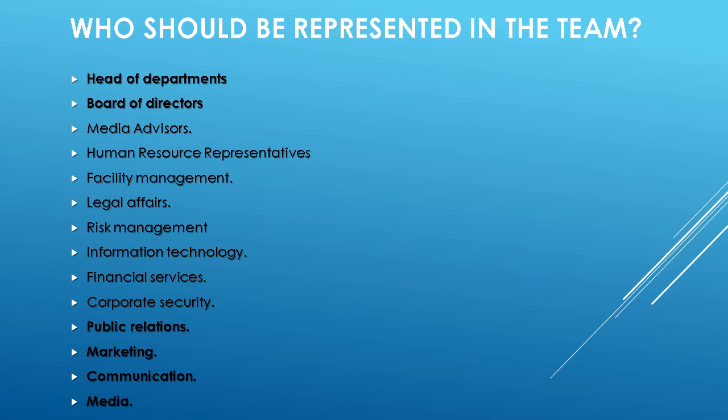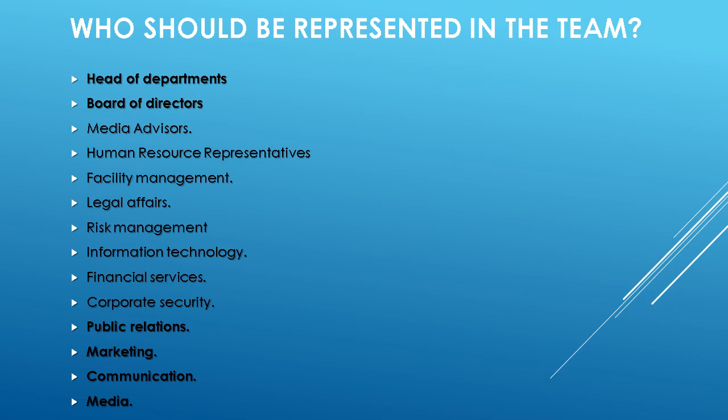But after we know the crisis type, after we know the crisis category, we have to match the team to its category. It will be very important to restructure or to reshape the team based on the members who should be represented, whether because they are decision makers or they are a source of information. So we will have to reconsider the members of the crisis management team after the crisis is detected.